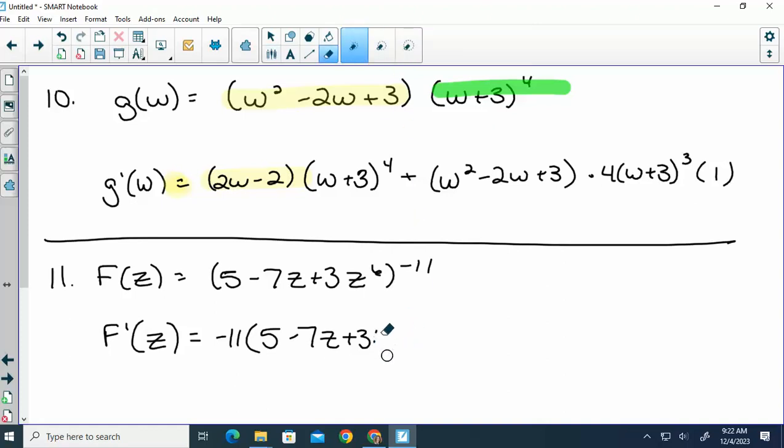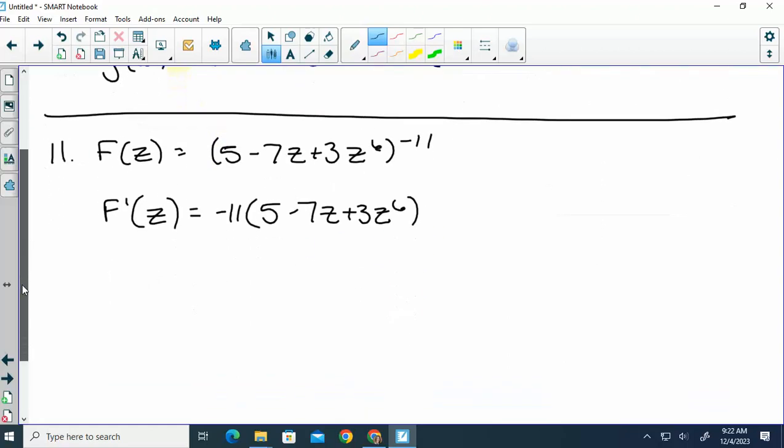Not 36z, 36. Subtract 1 from the power. That's another mistake I see. Negative exponents, sometimes subtracting 1 we have an issue. Negative 11 minus 1 is negative 12. Derivative of the inside would be a negative 7 plus 18z to the 5th. And you could leave it like that.